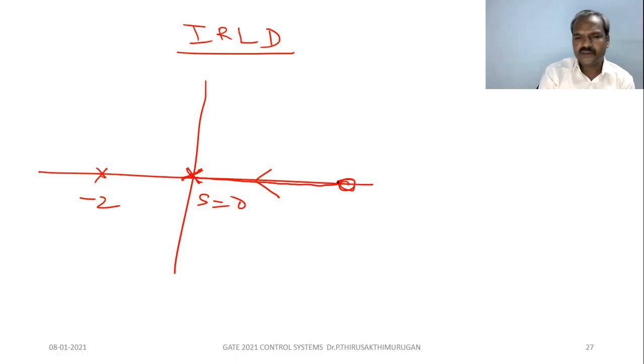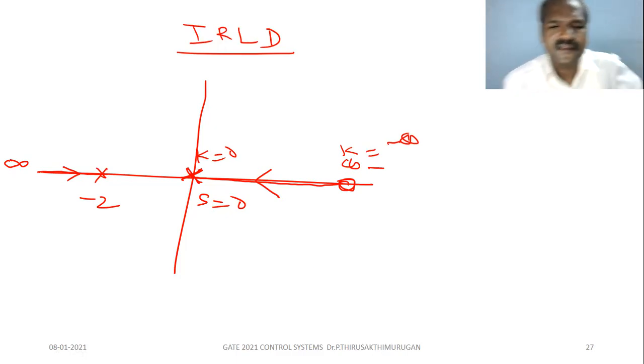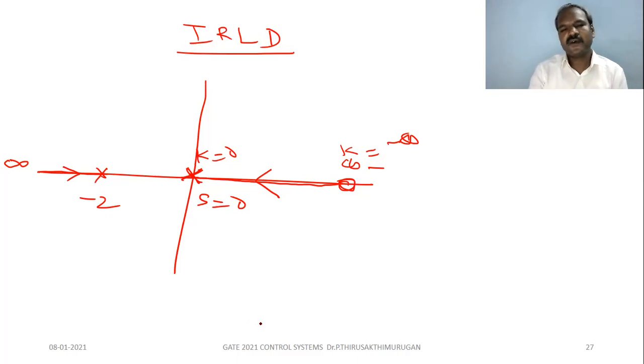It starts from infinity, k equal to minus infinity, to k equal to 0. Then from here, somewhere infinity to this pole. Since there are two poles, two branches are in this fashion. So these are some of the introduction about the inverse root locus diagram. Based on this also, GATE questions will be asked. Clear? So please concentrate on the inverse or complementary root locus diagram approach also.